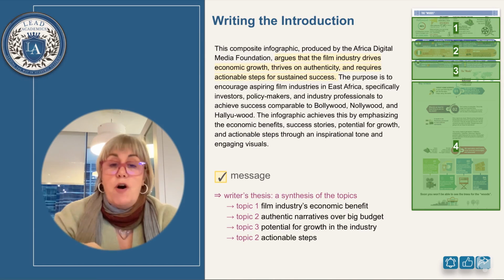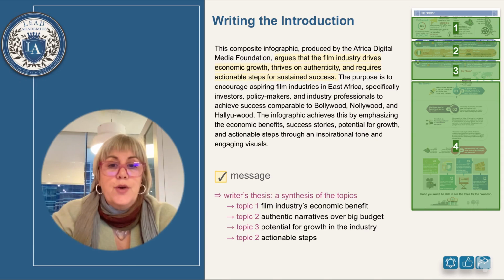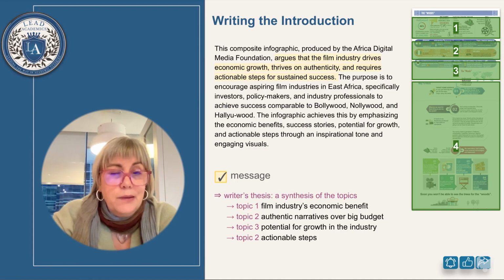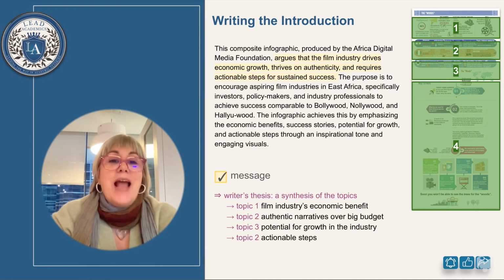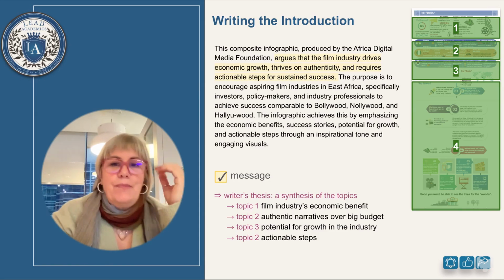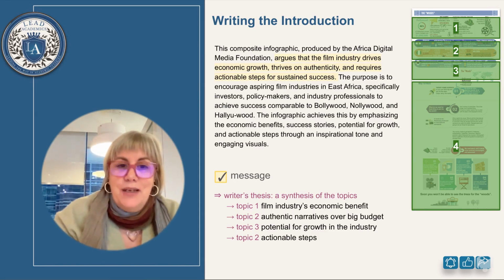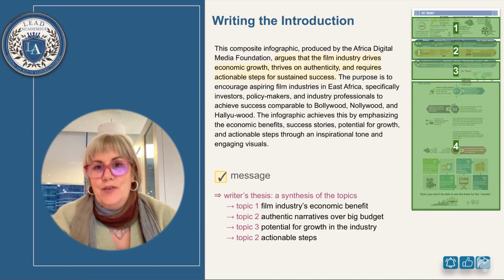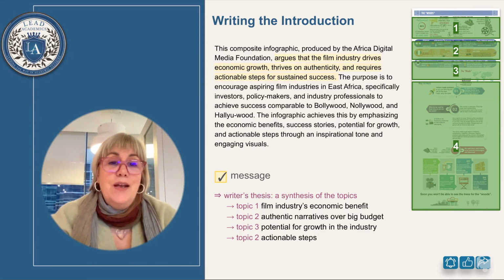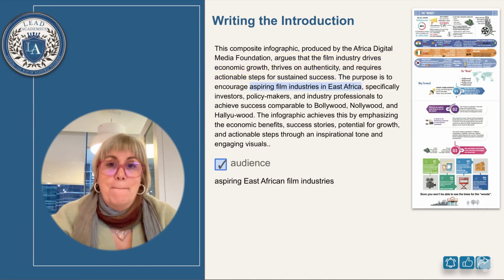The second is authentic narratives succeed. The third is the potential for growth within that industry. And the fourth, which is labeled topic 2 here, are the actionable steps. Take the topics and craft them into a single sentence, and voila, you have the argument, the message.